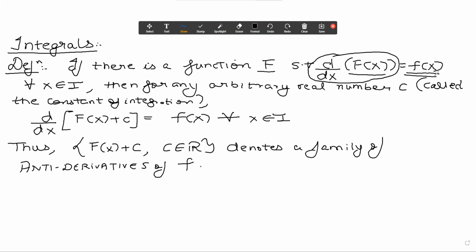Then capital F of x is called the antiderivative or the integral of the function f. So I can say capital F of x plus C is called the antiderivative or the integral of the function f.